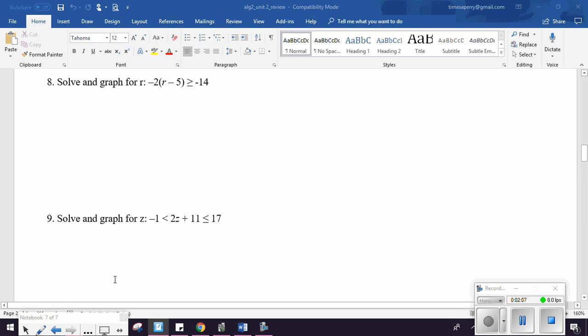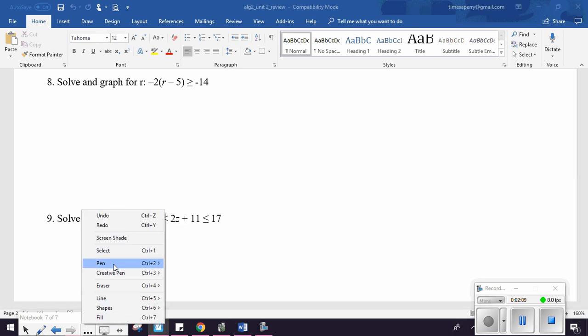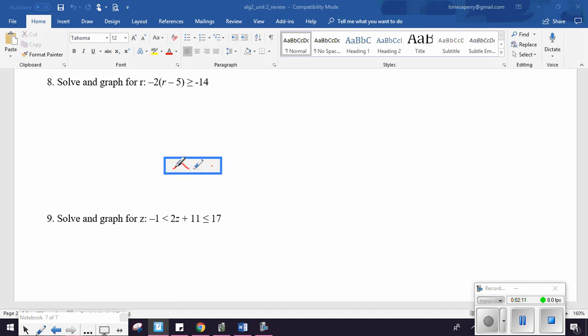And the first thing I could do in this case is distribute -2 to r, or I could divide both sides by -2. Either way works just fine. So let's go ahead with the division. Let's divide by -2 on both sides.